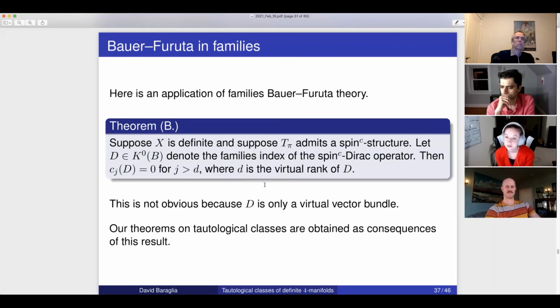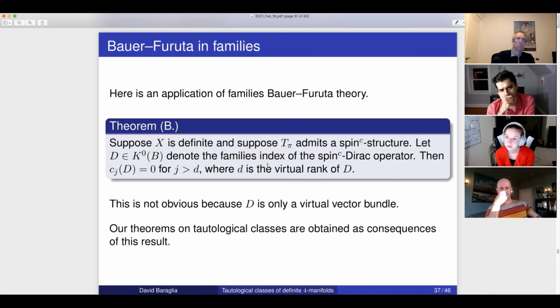And you see, if we assumed the monodromy of our family was trivial, that bundle would just be trivial, and its Euler class would be 0 if its rank was bigger than 1.